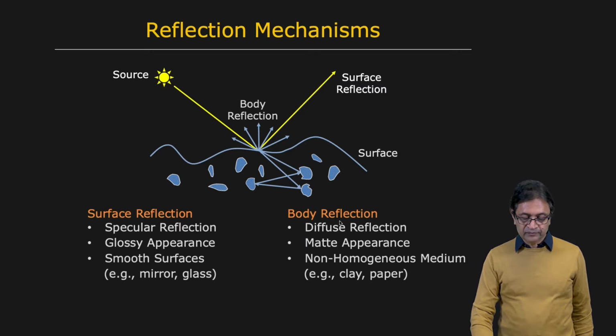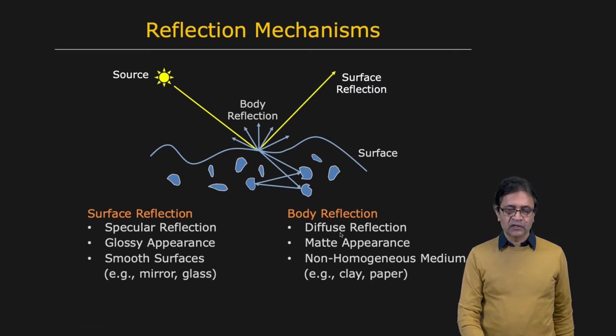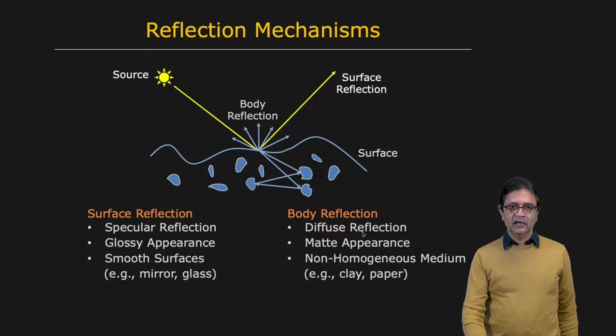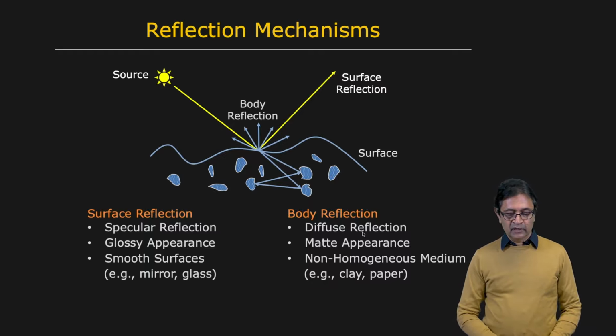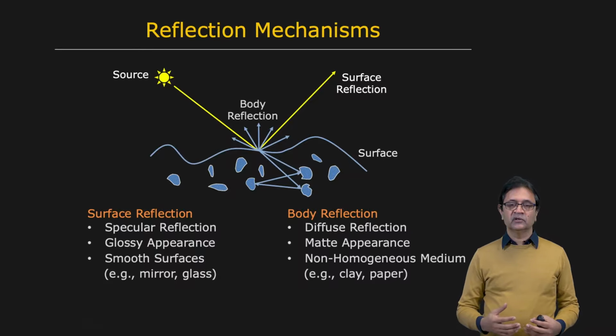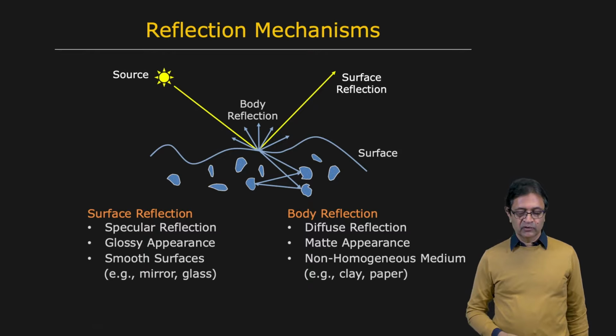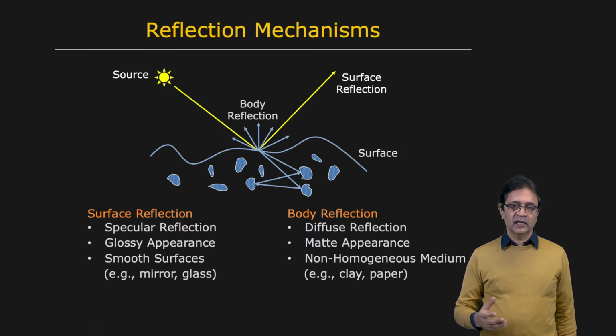So body reflection is also often called diffuse reflection. It gives objects a matte appearance, and it's because of the non-homogeneous nature of the medium itself. So you're looking at things like clay and paper and liquids of various types and so on.